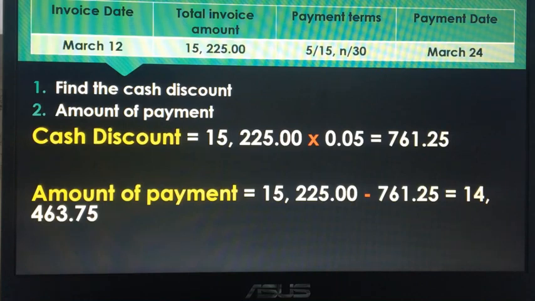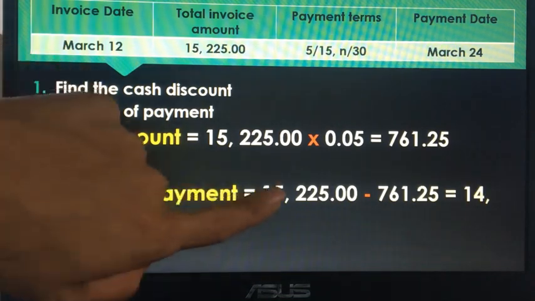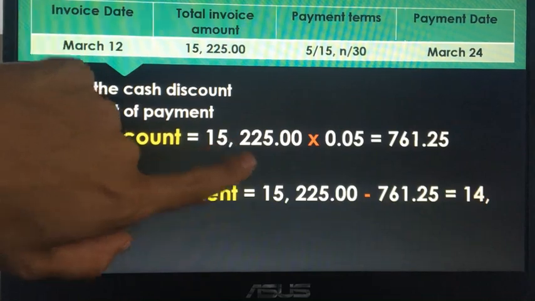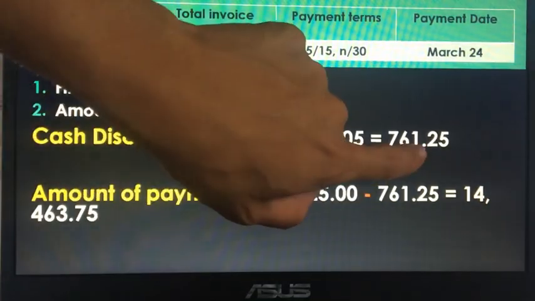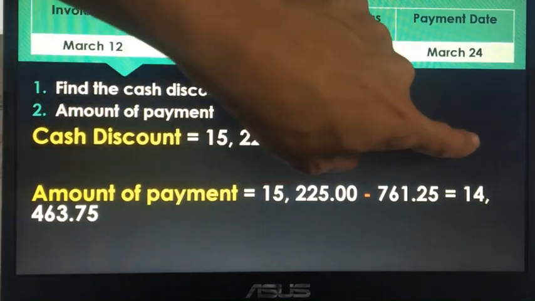What does it mean? That is deducted from the total amount. How are we going to identify the amount of payment? The amount of payment is the total invoice amount, 15,225, subtracted by the cash discount amount, 761.25.